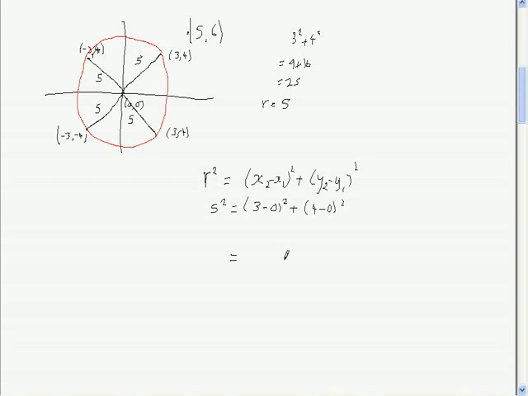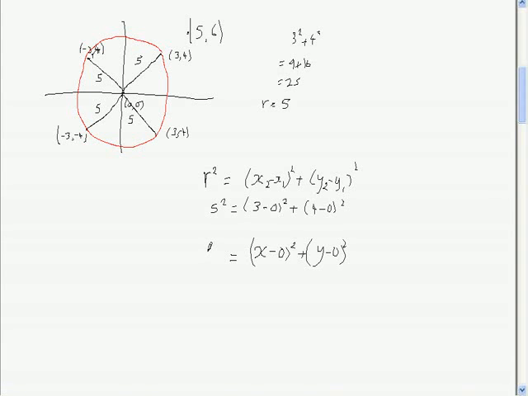But if I said that was just the unknown x value, I would say that's x minus 0 squared plus y minus 0 squared, my arbitrary y value.